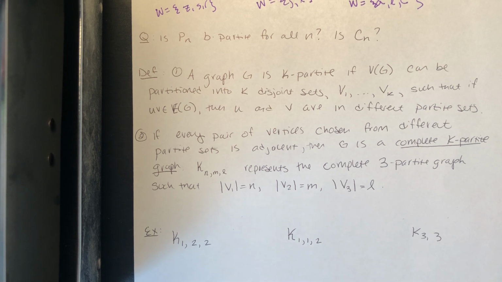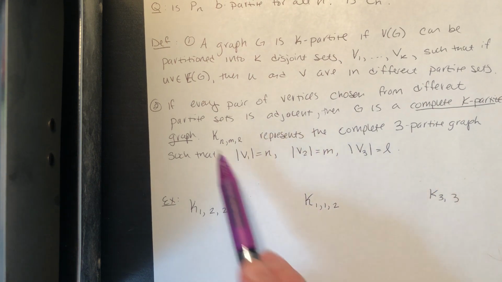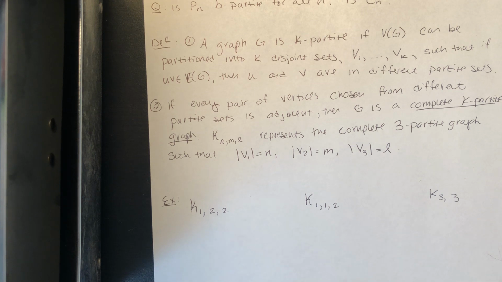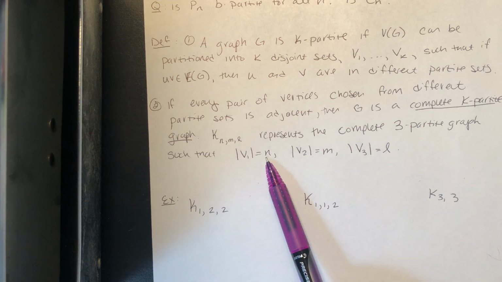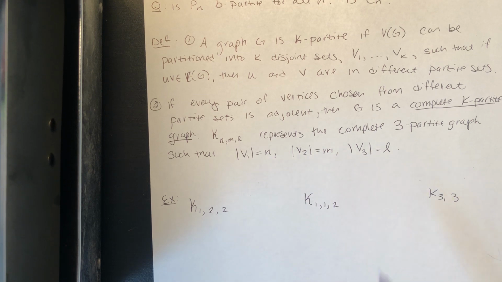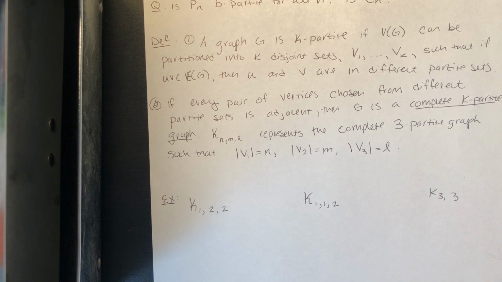And if every pair of vertices chosen from different partite sets is adjacent in the graph, then we call it a complete k-partite graph. For example, we would say K sub n, m, l represents the complete three-partite graph, where the first partite set has n vertices, the second partite set has m vertices, and the third partite set has l vertices.